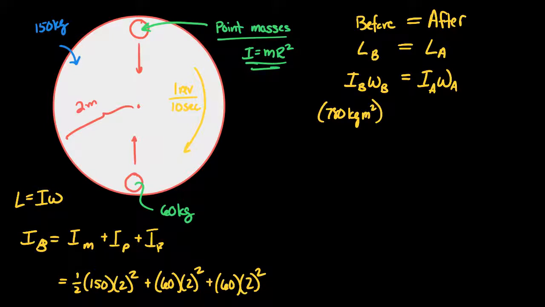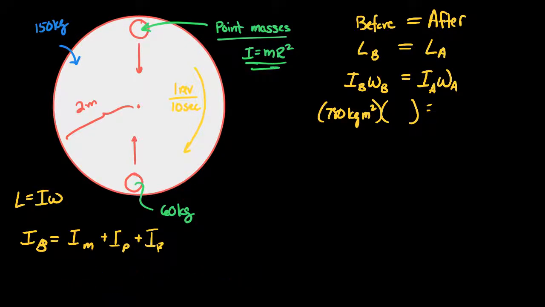All right, now I need the angular speed. So I got to find that piece, the angular speed. So to find the angular speed, let's ignore this for a few minutes. I'm going to get rid of the moment of inertia calculation because I don't have that much space to work with. Angular speed is in revolutions per second. And here's a tidy little trick you might want to know.